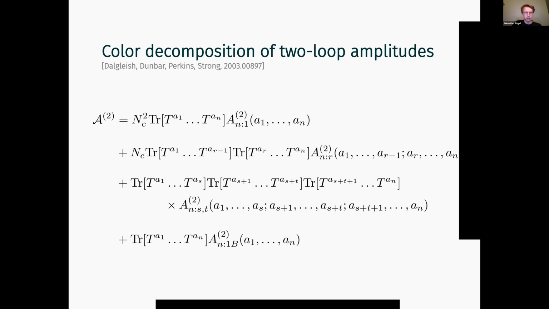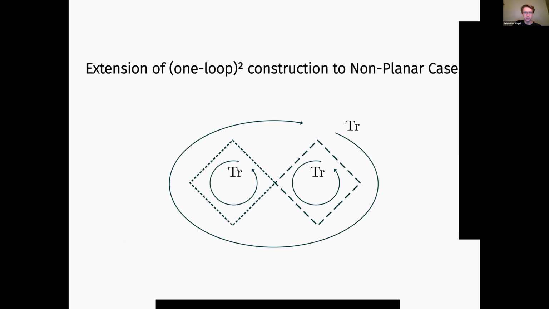And so to extend this kind of one-loop-squared construction to the non-planar case, we can identify these traces in the following way. Specifically, the outside of these one-loop topologies represents the first trace, and the other 2 traces are essentially the insides of the other 2 loops.